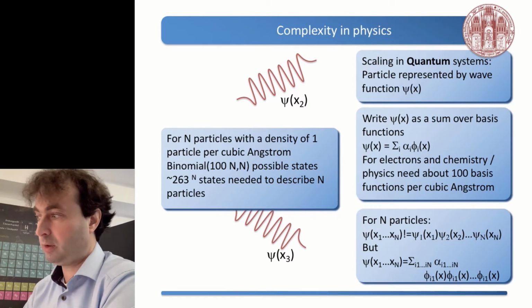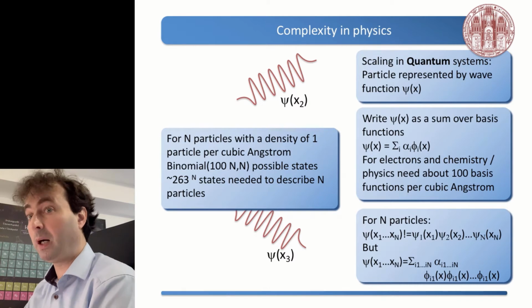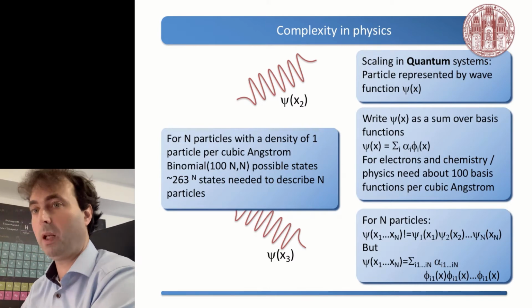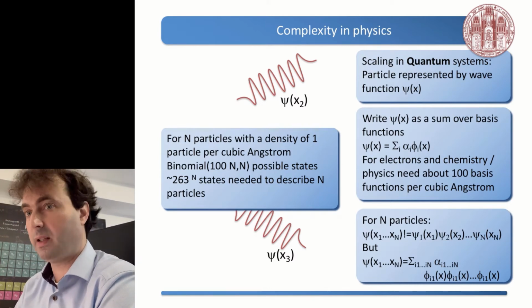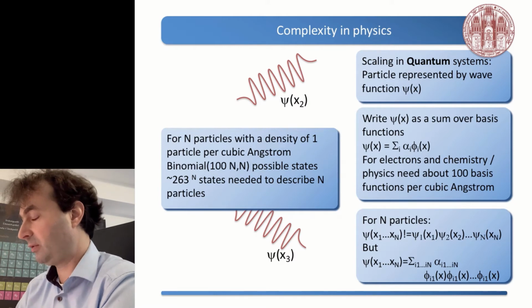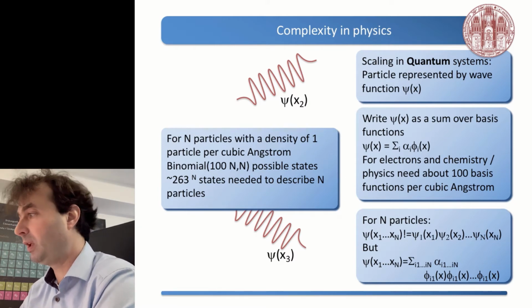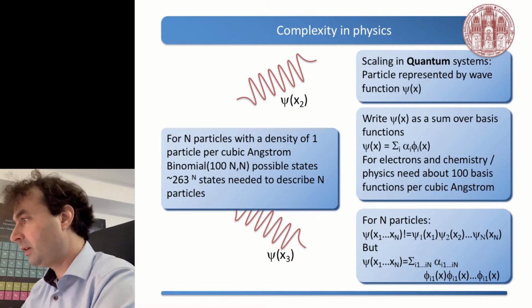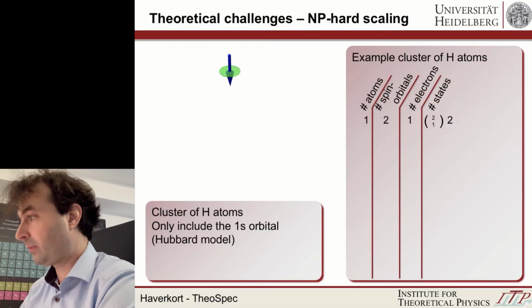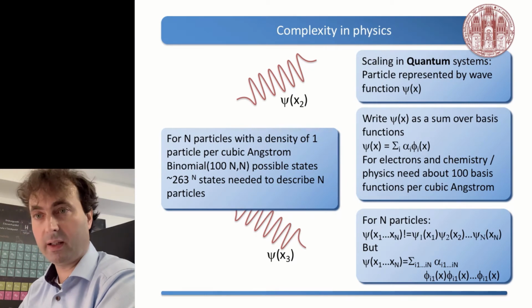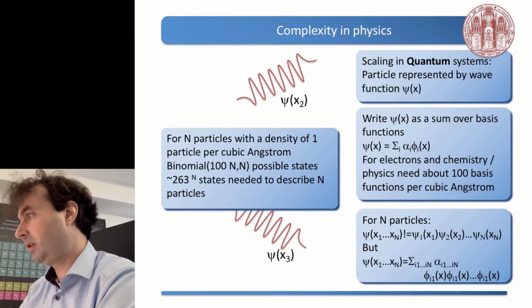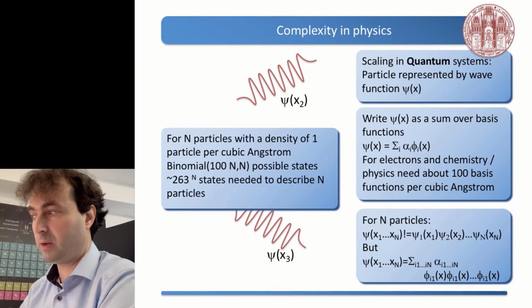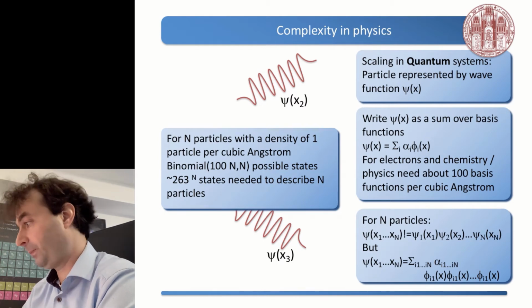That gives me about 2^60 to the power n possible many-particle states. This is the entanglement between different electrons that we can have, the superposition principle, but now in a many-body language and in a many-body system. That's of course a very different scaling. Classically we have a scaling of 6n, quantum mechanically we have a scaling of 2^60 to the power n.